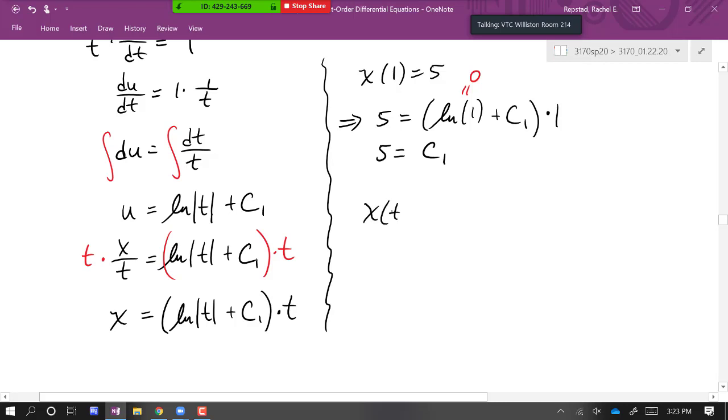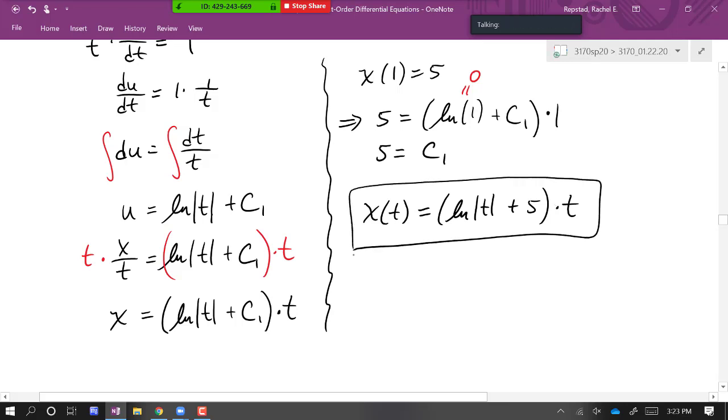So now x of t is equal to ln of the absolute value of t plus 5 times t. Questions?